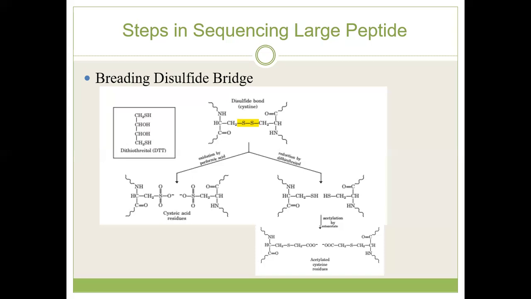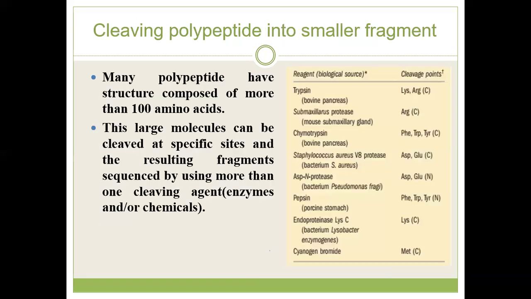This acetylated cysteine residue cannot go back to form the sulfide bridge. So by that, you are sure that you've broken the disulfide bond. What you need to do next, you can even use electrophoresis to separate the two peptides. When you separate the two peptides, you can continue separately, each one in a different test tube.